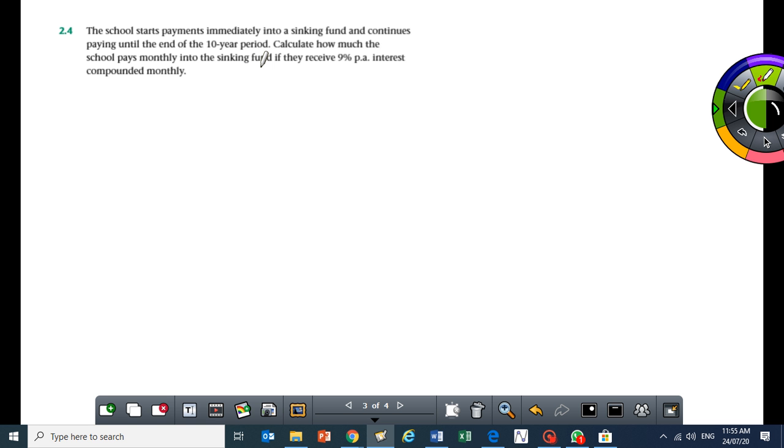All right? Now, one thing that you need to know before you go any further is that because we are talking about a sinking fund, that's a future value annuity. For this question, that's now the future value annuity.